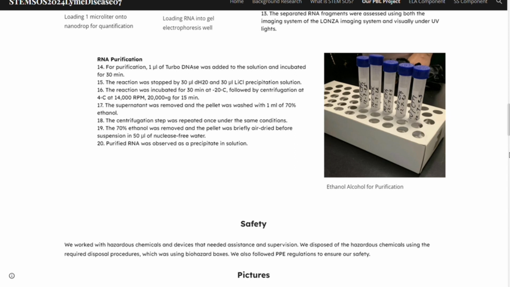We then stopped the reaction and added 30 microliters of nuclease-free water and 30 microliters of lithium chloride precipitation solution. We incubated this for 30 minutes and centrifuged it. This ensured we got rid of our proteins and buffer solution. We got rid of the supernatant and we centrifuged the solution again with 70% ethanol alcohol. This ensured we got rid of unincorporated nucleotides.